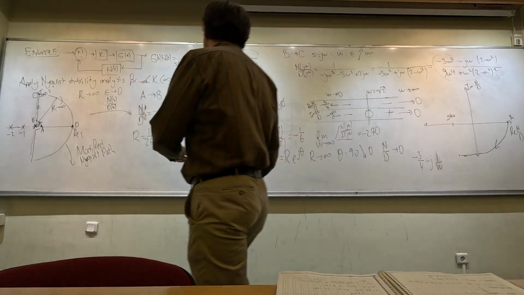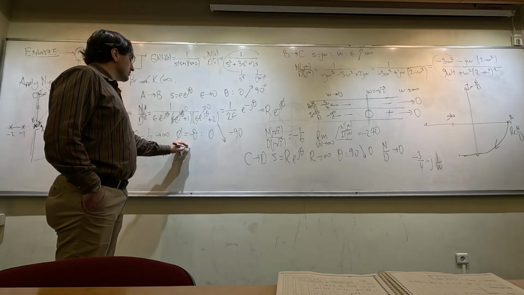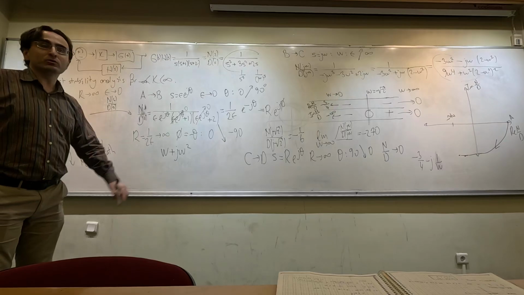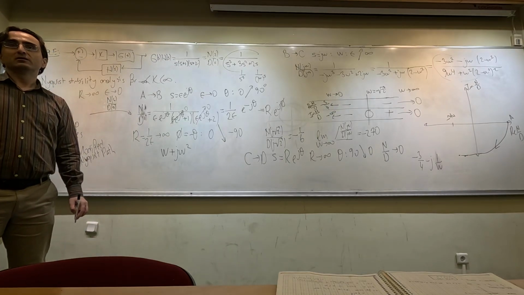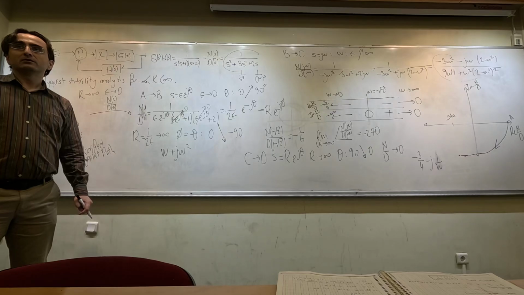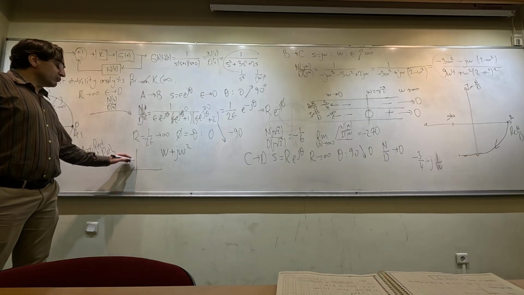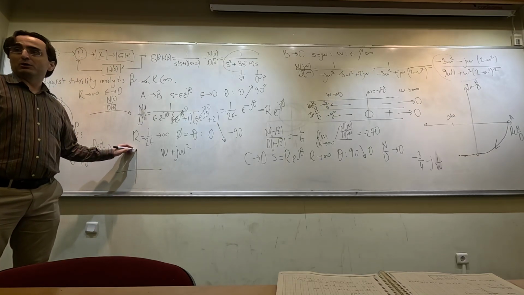I can ask you something even stranger. Omega plus j omega square. Let omega go to infinity. What is going to be the angle of this quantity? It's going to be pi over 2. So you might actually think that a point with angle pi over 2 is going to have 0 real part.